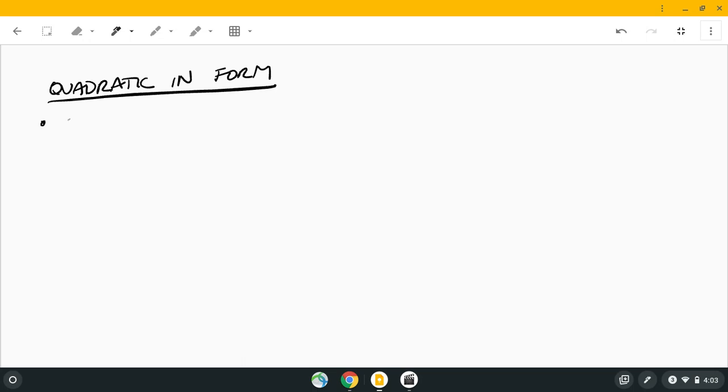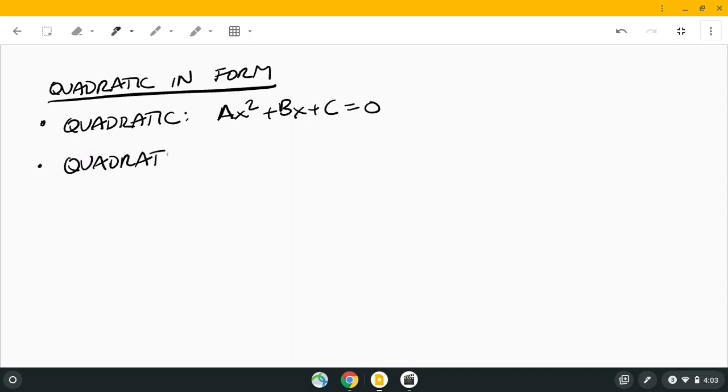We already know what a quadratic is. It's a degree 2. So a quadratic looks like this: ax squared plus bx plus c equals 0, right? So quadratic in form would look very similar.